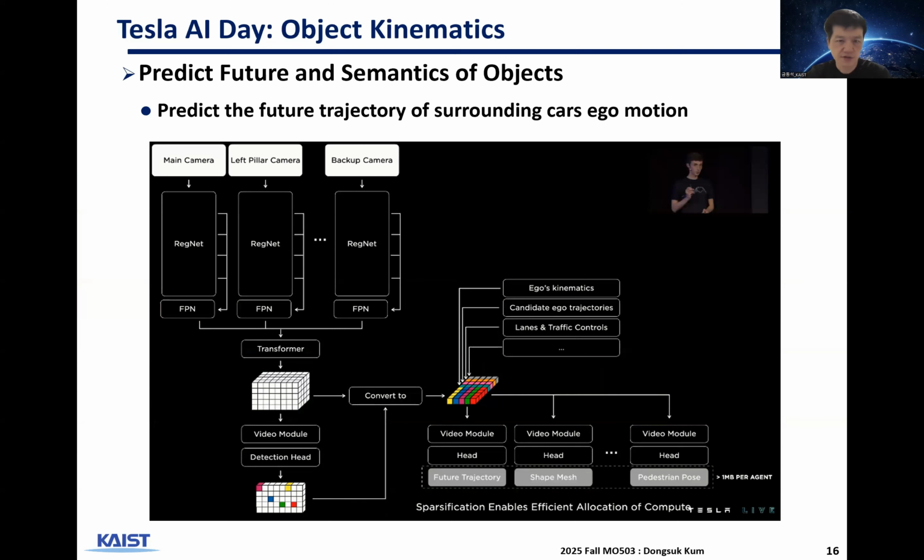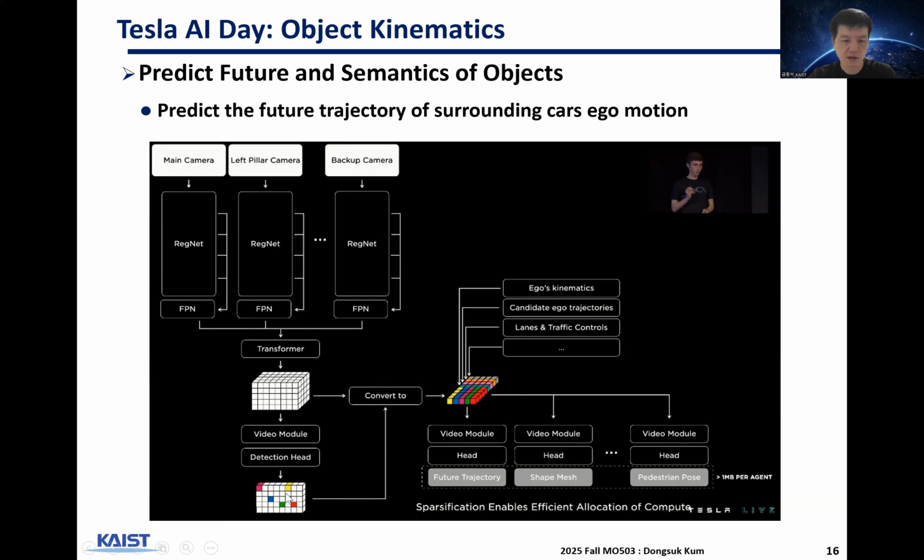And this is the architecture. Note that they have this transformer, which takes care of the spatial attention, and they have the queue, which concatenates multiple BEV features and then puts that into the video module, and that feeds into the detection head.